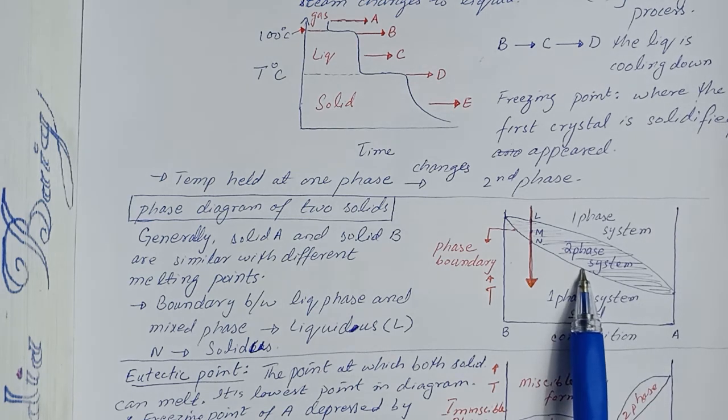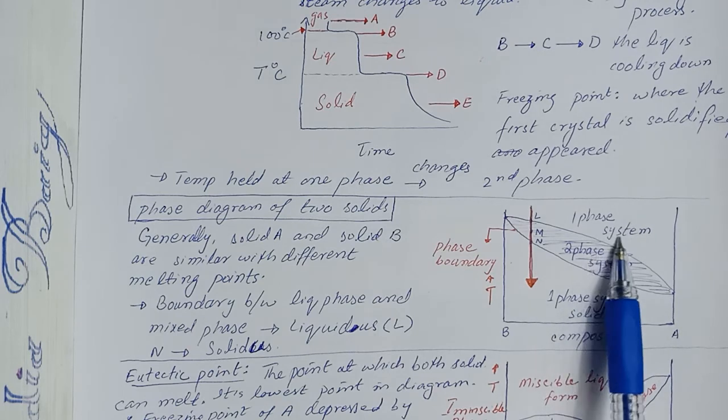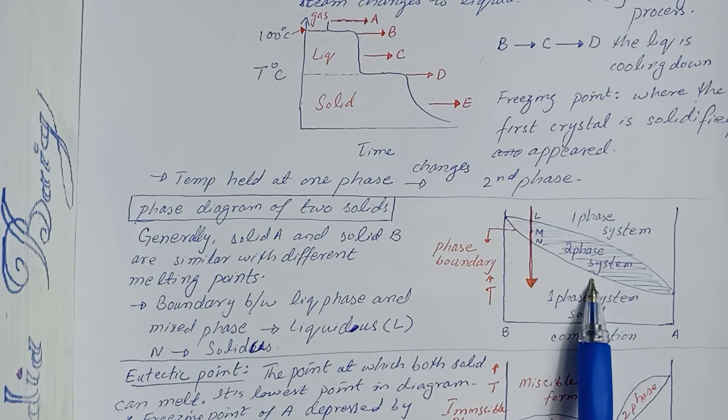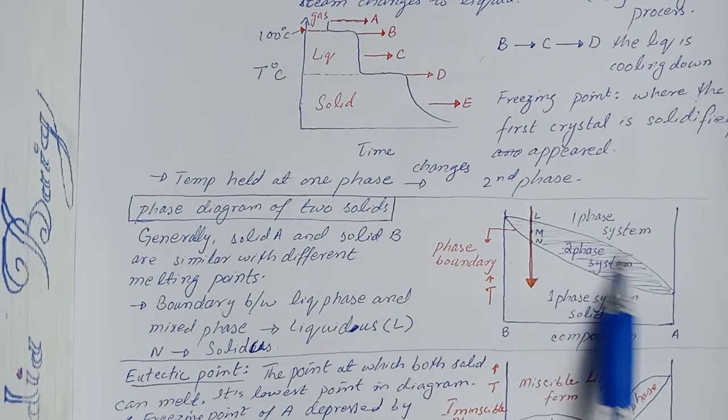The phase boundary between the solid and the immiscible phase is known as the solidus, and this one is the liquidus.